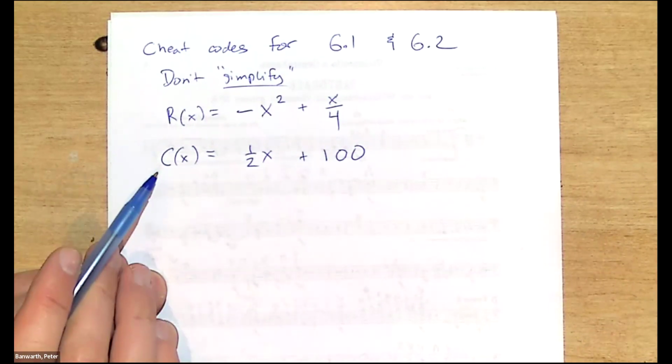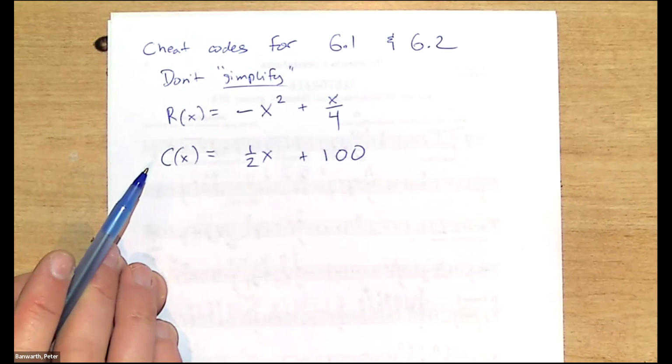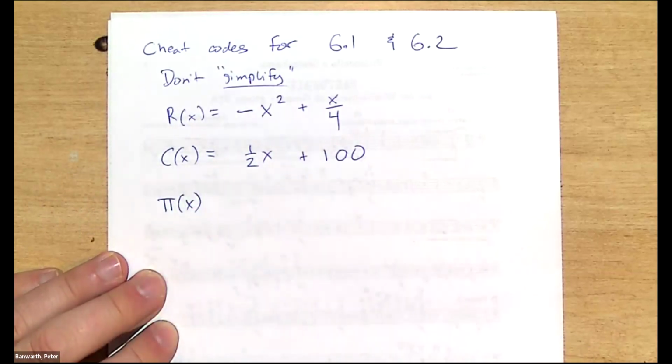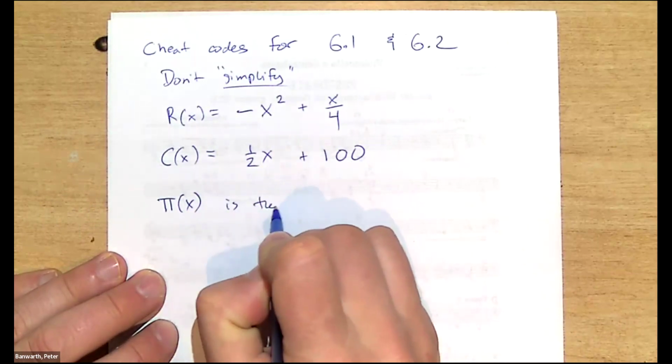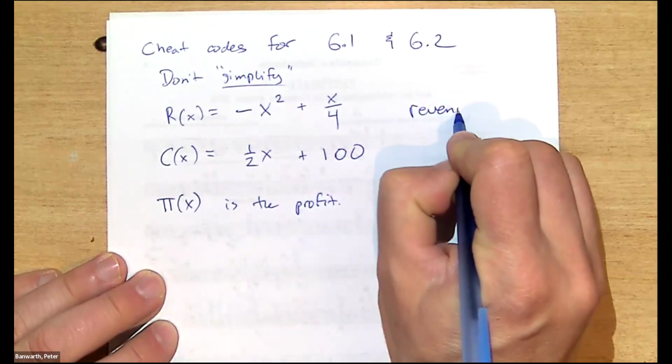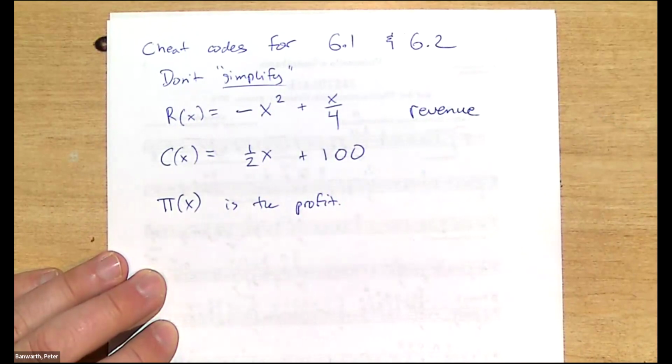And what's revenue minus cost? Profit. So we can do a profit function. Profit usually uses pi, because pi has a p sound, but p is for price. Pi of x is the profit. Right, so this is revenue. Revenue means money before expenses, right? Money coming in before costs.